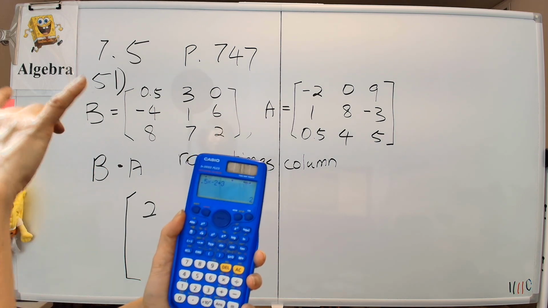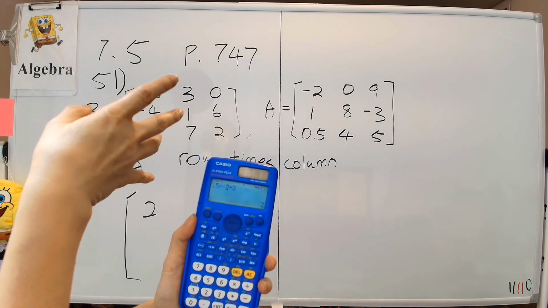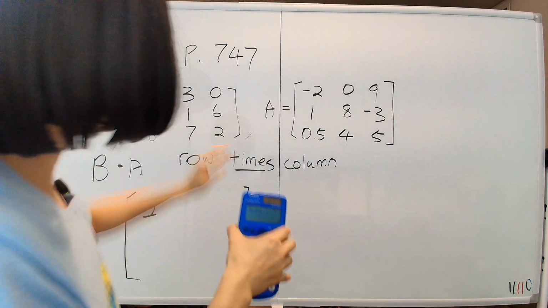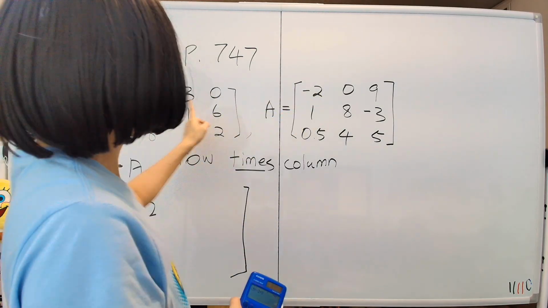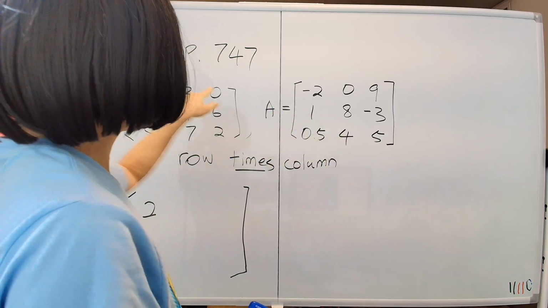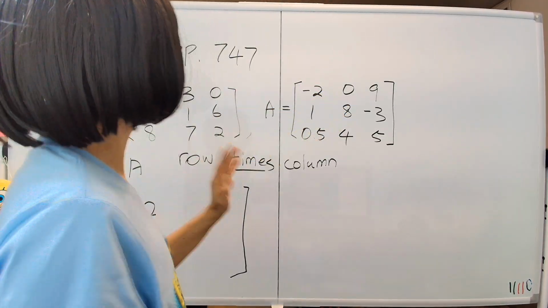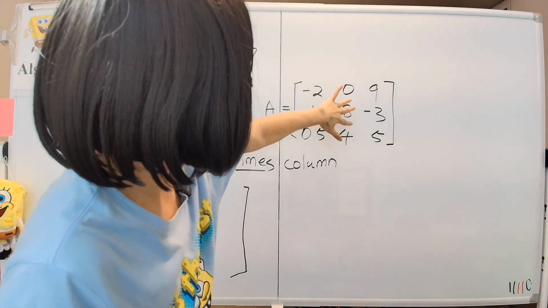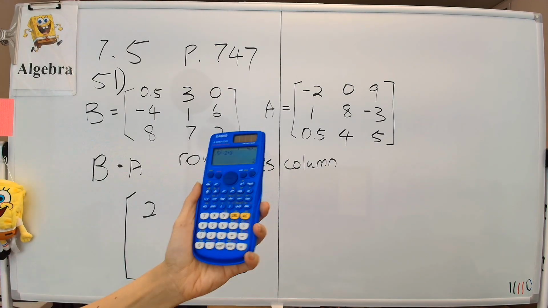Next, we're going to do the first row times the second column. The 0.5 will multiply by 0, 3 will be multiplied by 8, and then 0 multiplied by 4. The row will lean over and match with the column and multiply each term.